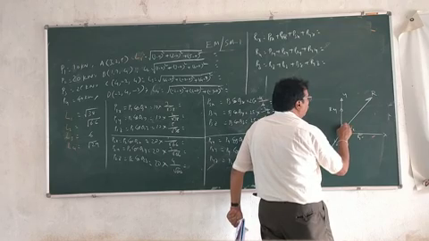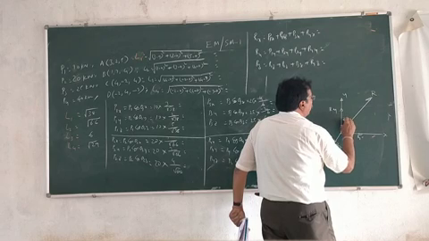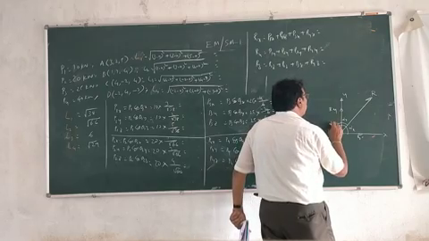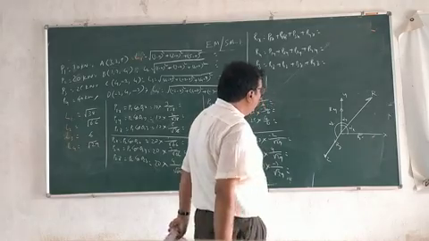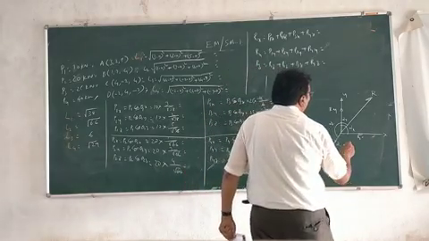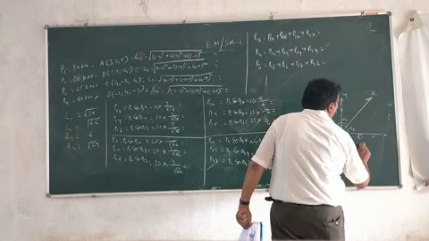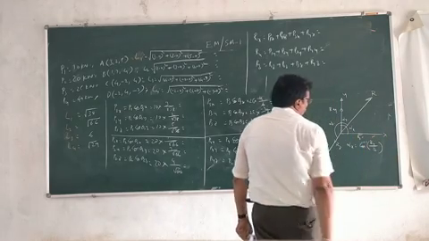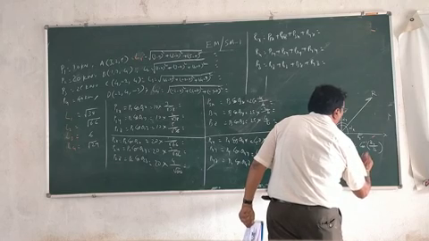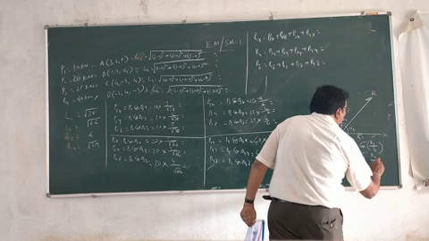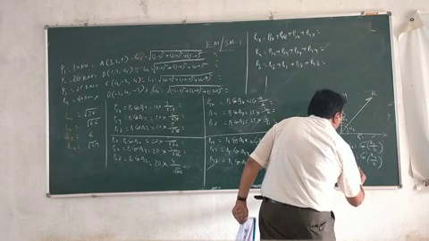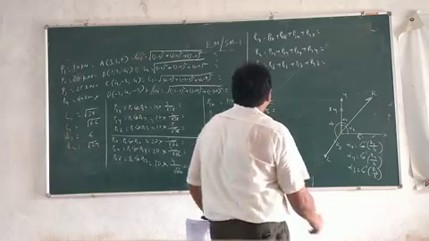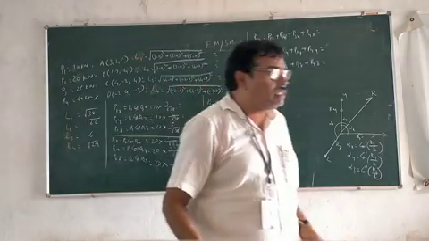It is the inclination of the resultant with respect to the x axis, alpha x, with respect to the y axis, alpha y, and with respect to the z axis, alpha z. So alpha x is equal to cos inverse Rx by R, alpha y is cos inverse Ry by R, alpha z is cos inverse Rz by R. We should know the Rx, Ry, Rz values.